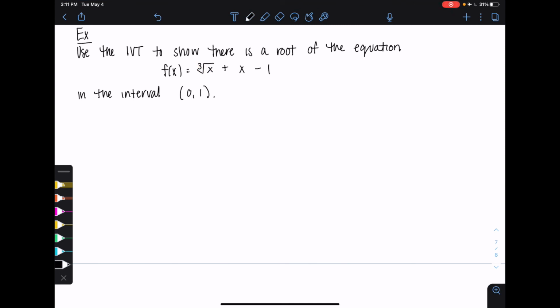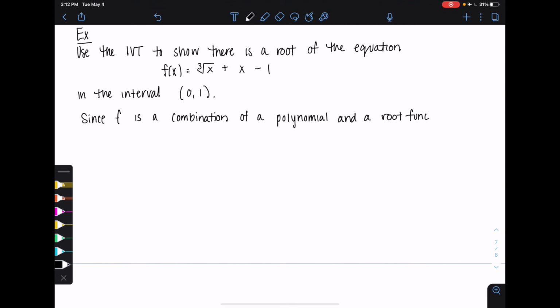So since f is a combination of a polynomial and a root function, it's continuous everywhere.